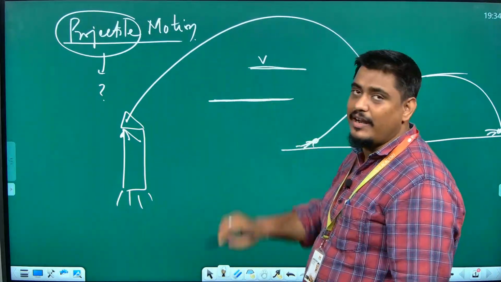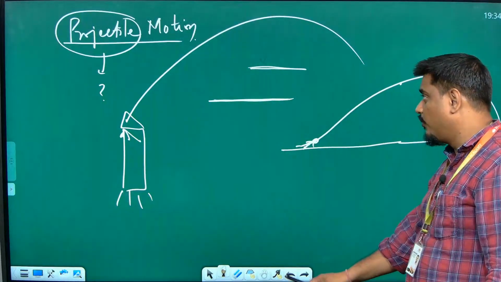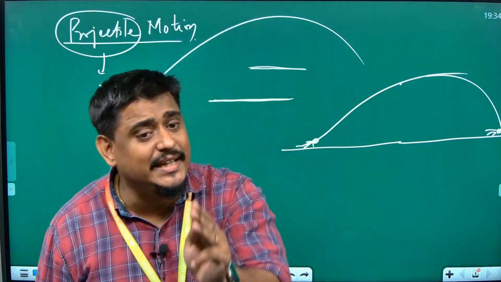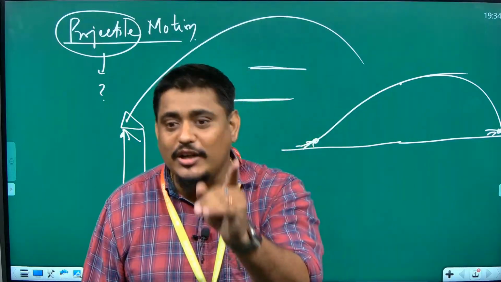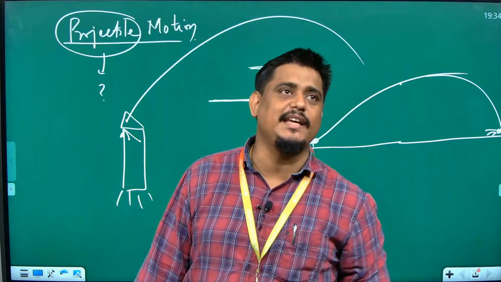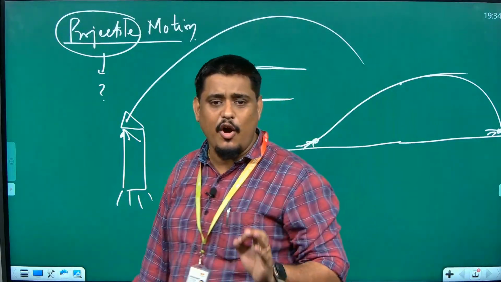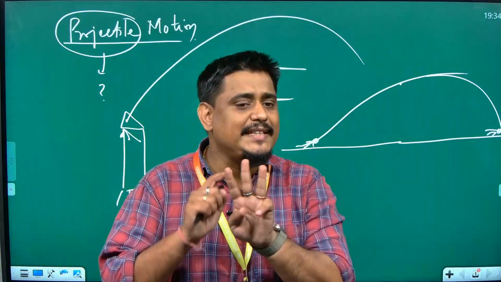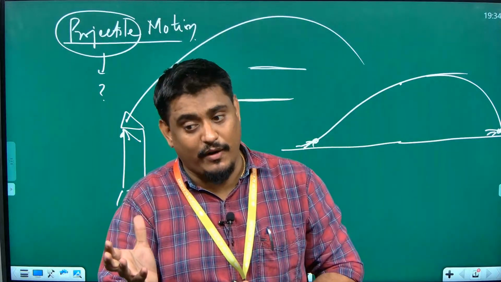And third thing, which is the most important, not being propelled by any energy or fuel. So for any object to be called a projectile, if these three criteria are met, then it can be called a projectile.